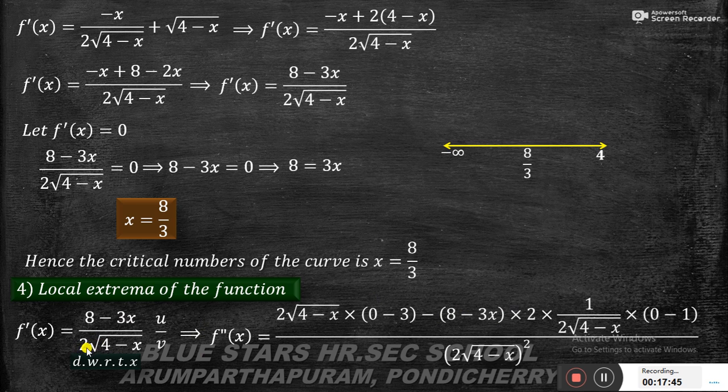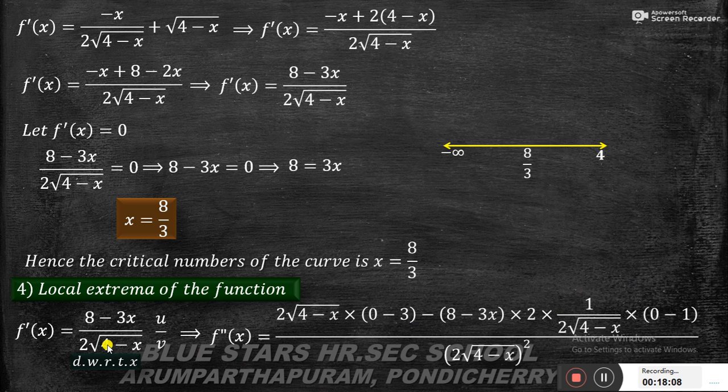The denominator function is 2 into square root of 4 minus x. So 2 is a constant, I write it under differentiation of square root of 4 minus x. Differentiation of square root of 4 minus x is, first I differentiate the power. The power is 1 by 2. So I write 1 by 2 into 4 minus x whole power 1 by 2 minus 1. That means 4 minus x whole power minus 1 by 2.